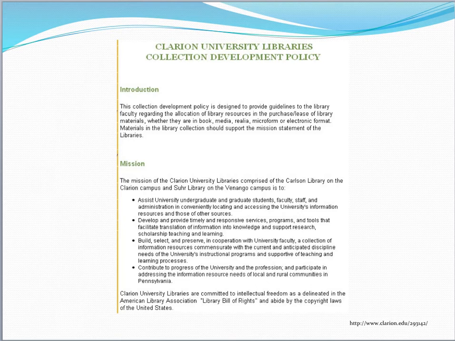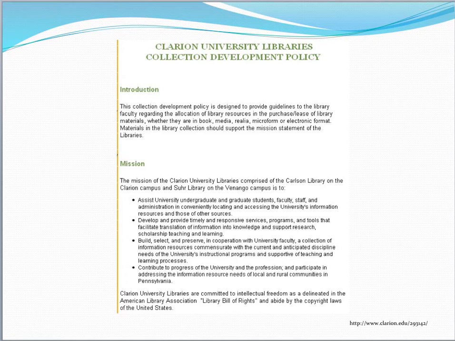Here, next, we have the URL, so you can go and visit Clarion University Library's Collection Development Policy. I think it's very well written. It's up to date. It's specific enough to tell you what to do, to spell out what to do, but it's also general enough to give the staff some leeway.